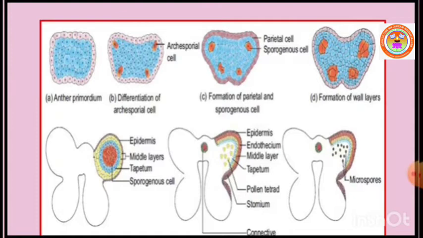Next, the primary parietal cells undergo a series of periclinal and anticlinal divisions and form 2 to 5 layers of anther wall.